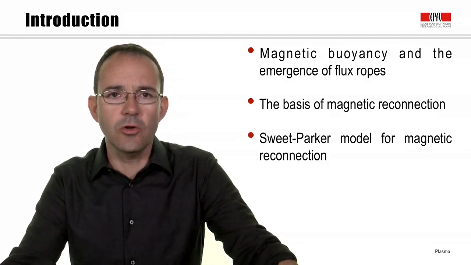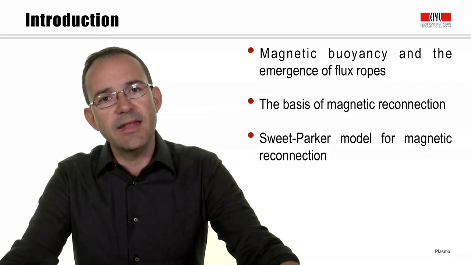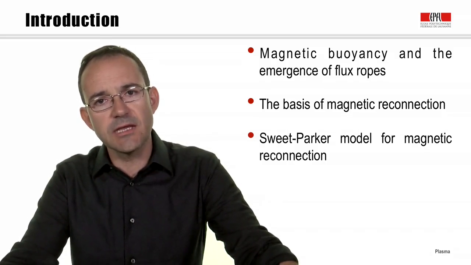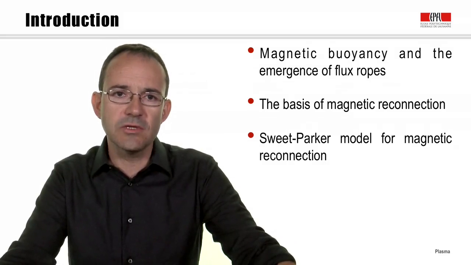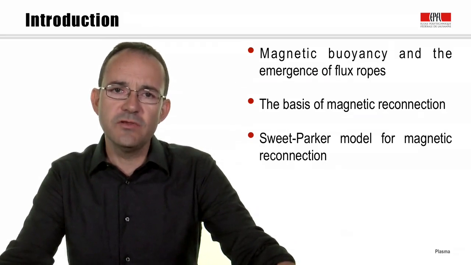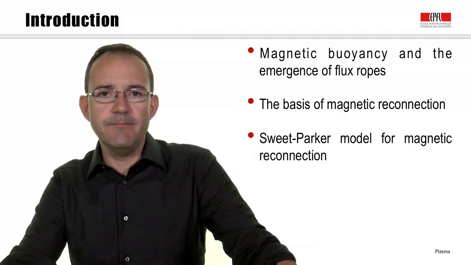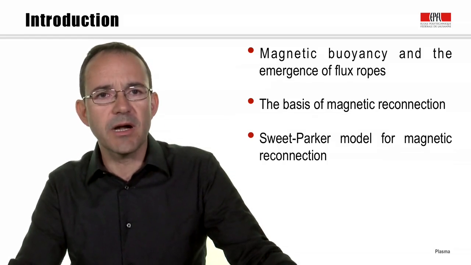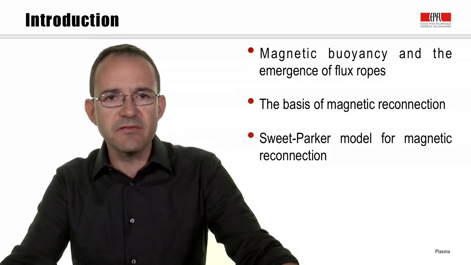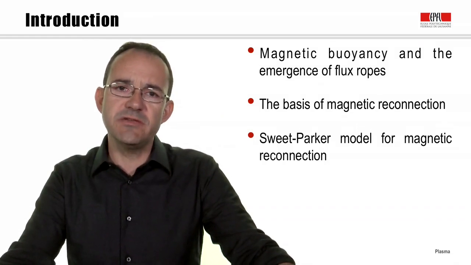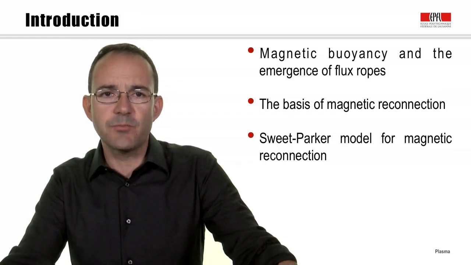This process is called magnetic reconnection and is at the core of the most spectacular event in the Sun, the coronal mass ejection. To describe it in a quantitative way, we will derive the Sweet-Parker model, which is based on the equations of resistive MHD that you have learned in previous modules.